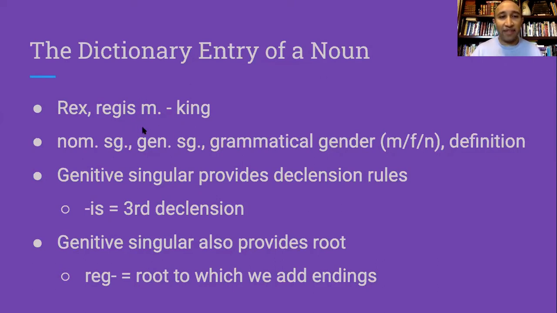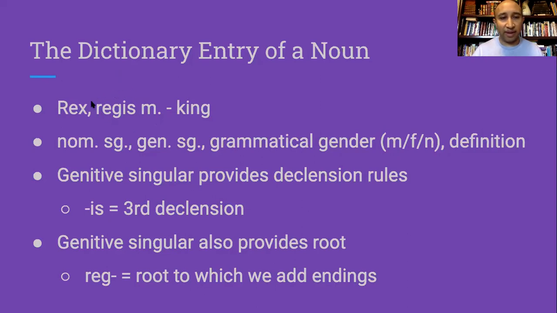And then we have this M here, and the M tells us the grammatical gender here, masculine. Okay, and then we follow up with its definition, king. Okay, so every noun's dictionary entry is going to have a nominative singular, a genitive singular, a gender, and then a definition.